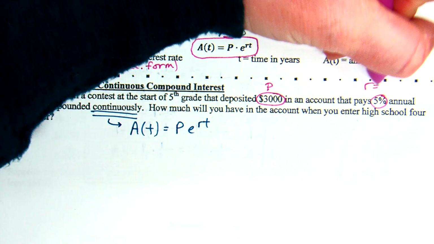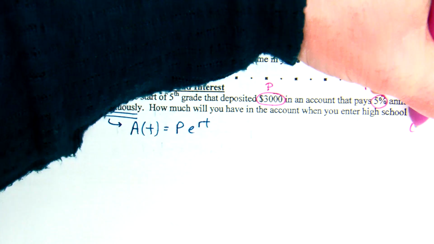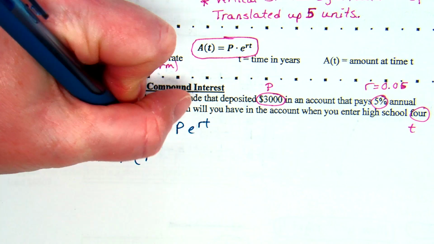So we are essentially finding A of 4. And realize, when I write that A of 4, I'm not saying you're going to have to do anything with that 4. That's just indicating that we're finding the amount after 4 years. So 3,000 times e to the 0.05 times 4.